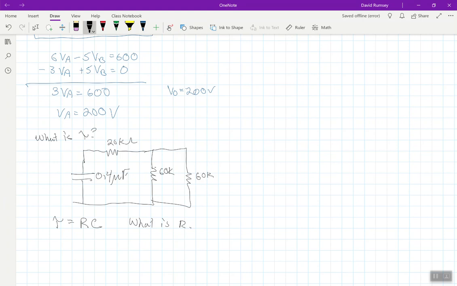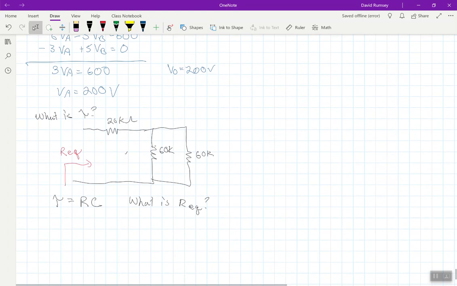What we want to think is not just what is R, but what is R equivalent. I'm going to take out this capacitor and look in here. That capacitor sees some kind of equivalent resistance, even though there are multiple resistors.